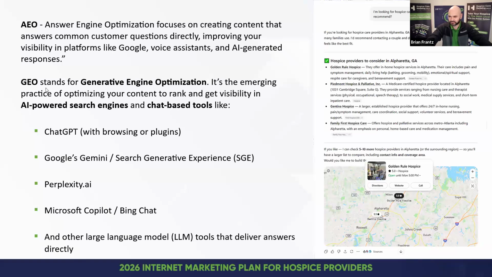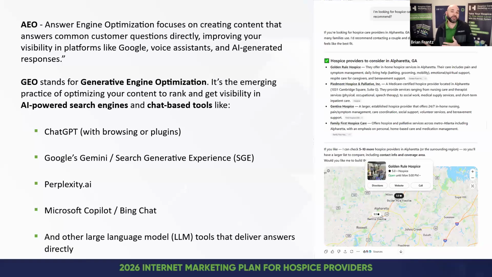And then GEO is more in line with ChatGPT, Google's Gemini, Perplexity, Claude, all these large language models out there. So is it important to show up in these AI results? I think it is definitely important to show up in these search results.